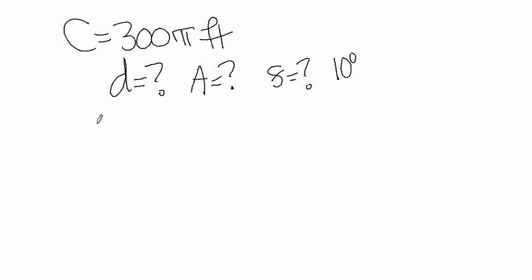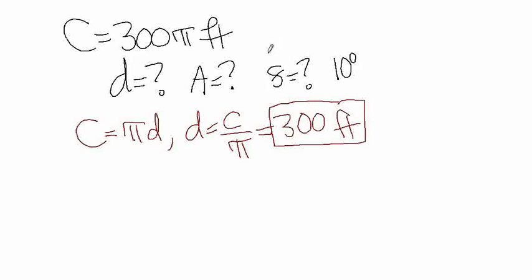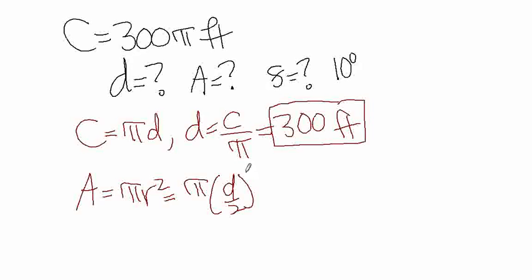Okay, so I'll go ahead and do the same as well. Circumference is equal to pi d. So d is circumference divided by pi, which gives 300 feet. Now the area is pi r squared, or pi times the square of d over 2, which we just calculated.